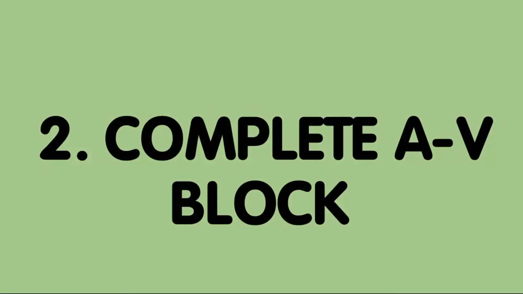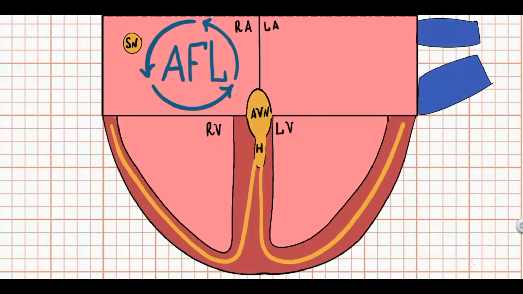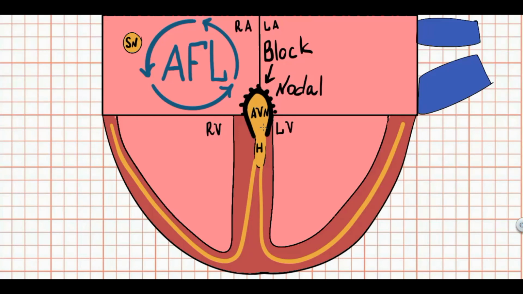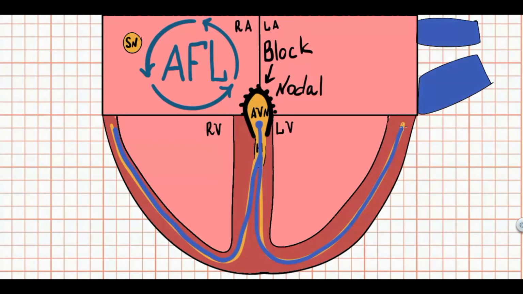With third degree or complete heart block, no stimuli are transmitted from the atria to the ventricles. Interruption of electrical conduction can occur at any level, starting from the AV node itself down to the His bundle and its branches. If the block is in the AV node, the ventricles are stimulated normally by a nodal pacemaker below the point of block, and the QRS complexes are narrow.